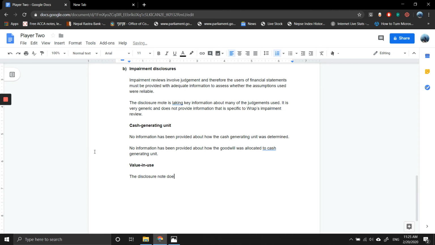Talking about assumptions first of all, it does not describe the key assumptions factored into the cash flow forecasts, and therefore the users cannot assess its reliability.